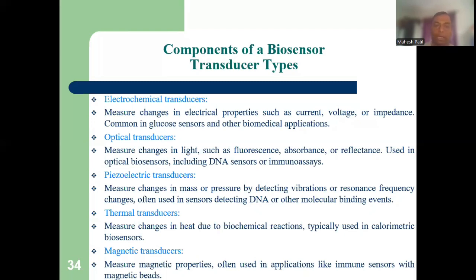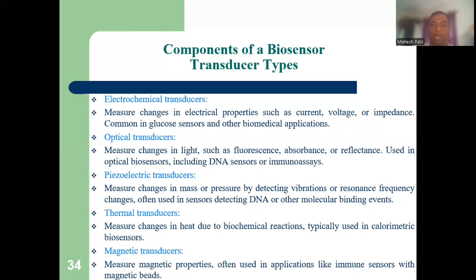We have piezoelectric transducers. This category measures changes in mass or pressure by detecting vibrations or resonance frequency changes, and is mostly used in sensors detecting DNA or other molecular binding events.